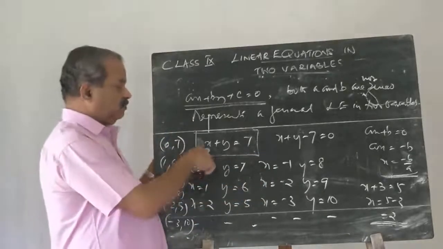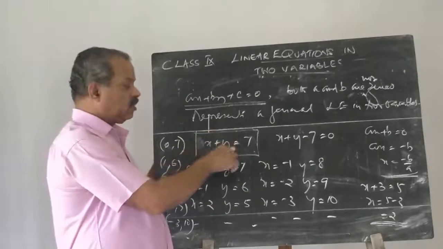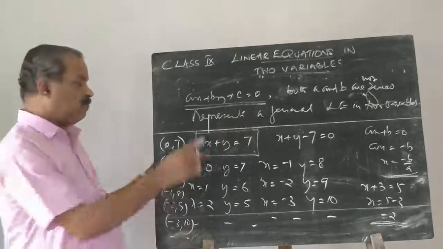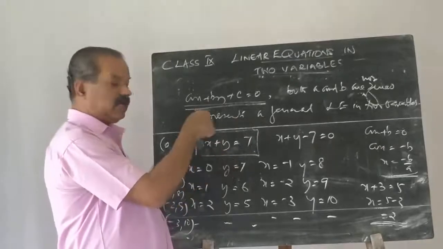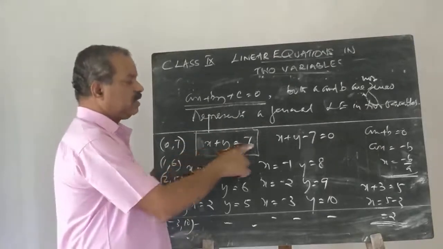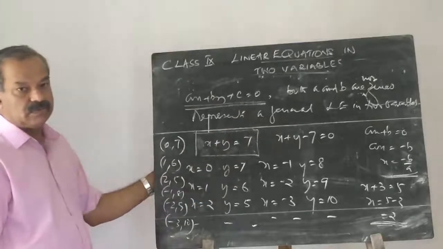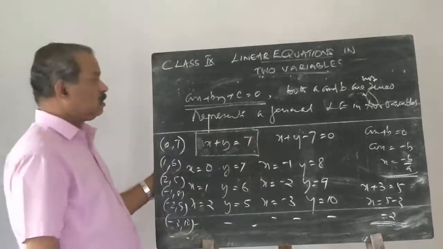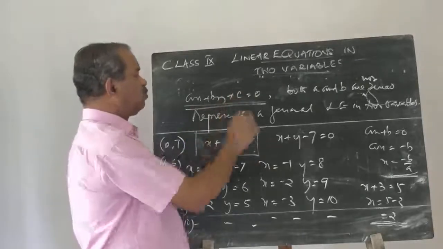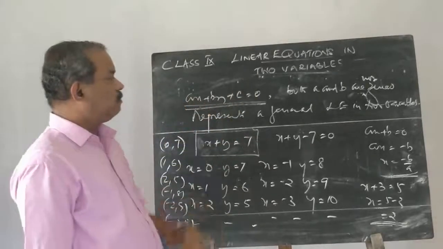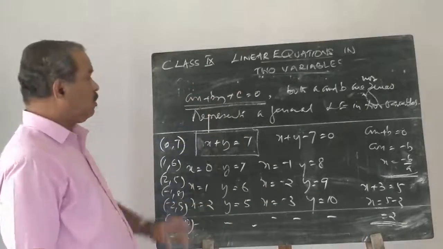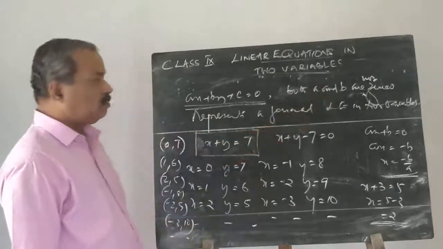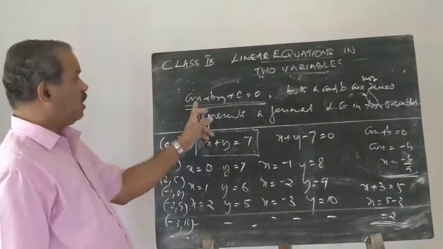For every value of x, we get a corresponding value of y that makes the equation true. Or for every value of y, we get a corresponding value of x, which makes the equation true. Or both the values make the equation true. So the standard form of a linear equation in two variables is ax plus by plus c equals 0, and both a and b cannot be 0.